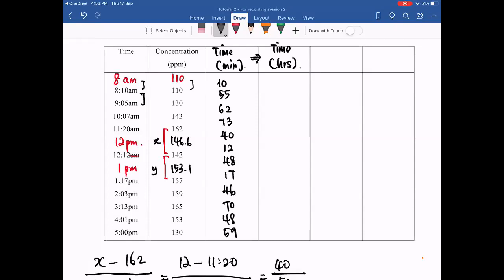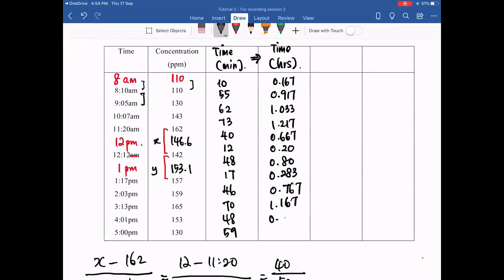Okay, so you have 0.167 hours, 0.917, 1.033, 1.217, 0.667, 0.20, 0.80, 17 minutes is 0.283, 0.767, 1.167, 0.8983.